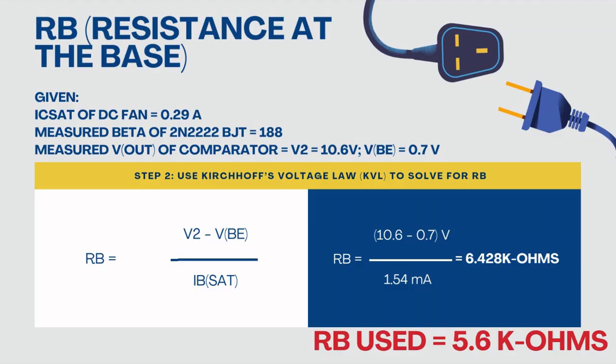6.428 kilo ohms. However, a resistor with the exact resistance value was not present, therefore we used the next lower resistance value resistor, which is 5.6 kilo ohms. This is to ensure that it is easier for the circuit to reach IC sat.